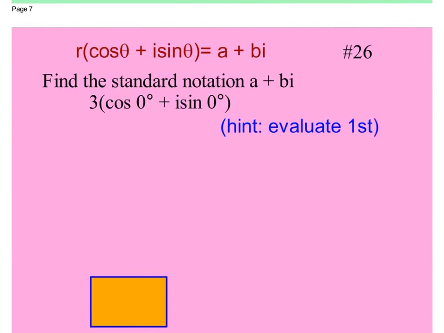For instance, what is the cosine of 0? What is the sine of 0? Cosines go with x's, so the cosine of 0 degrees is 1.